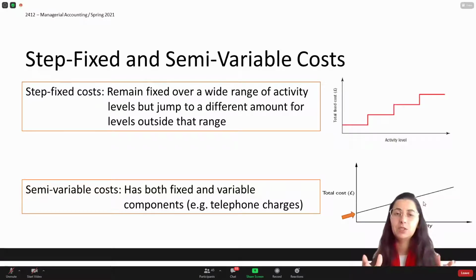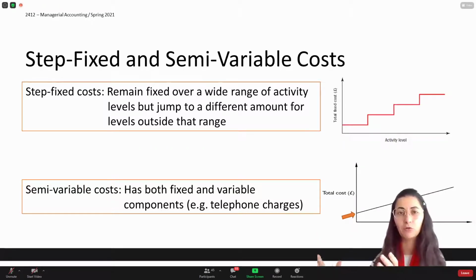With these machines we can produce a certain amount of product. But after a certain level of activity, we have to buy a new machine. And with that machine, we can again produce another range, another amount of product. So these are step fixed costs.